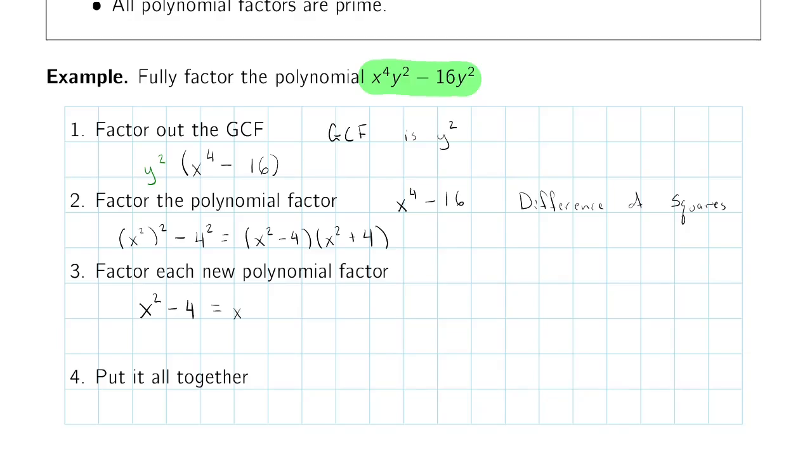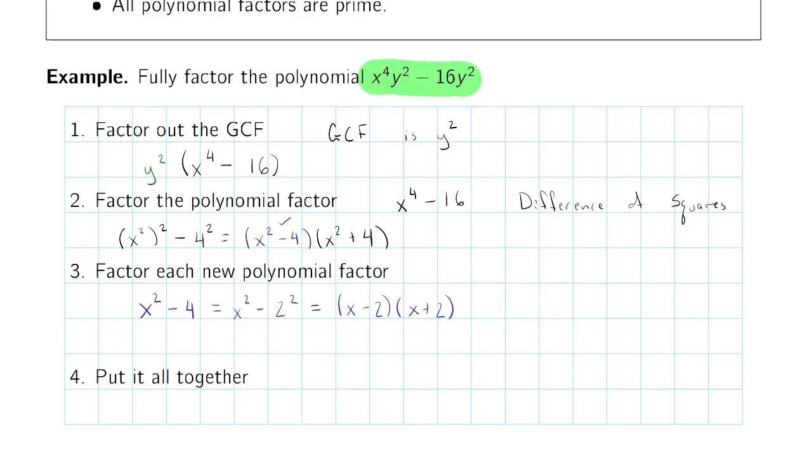That's x squared minus 2 squared. That's another difference of squares. So we'll factor this as x minus 2 times x plus 2. So that's this factor.